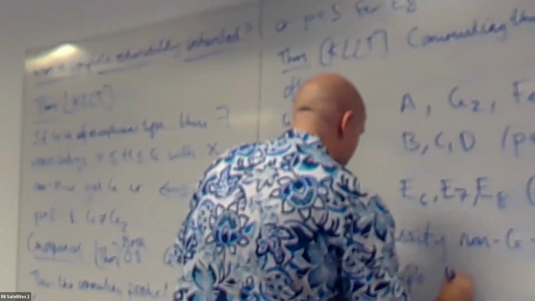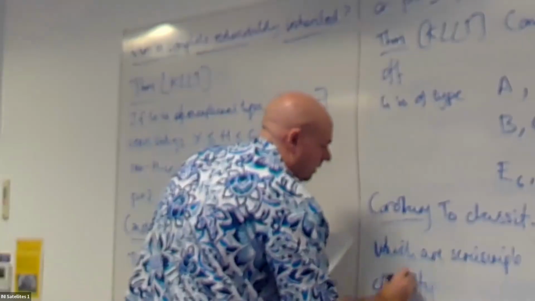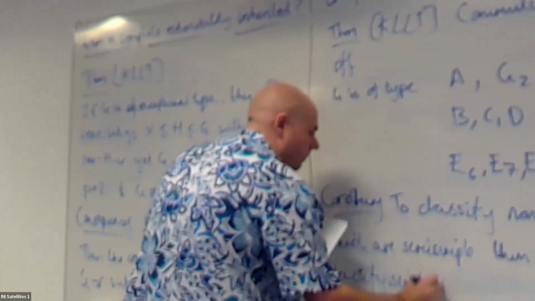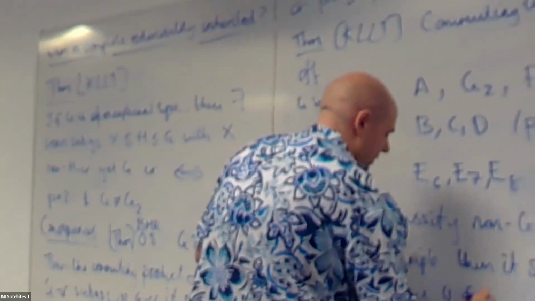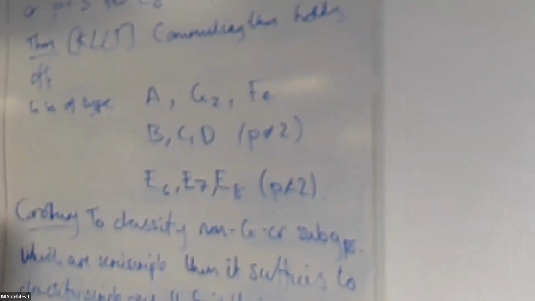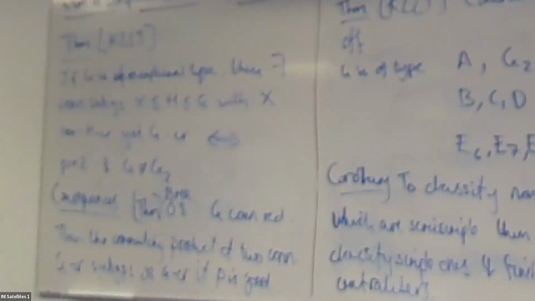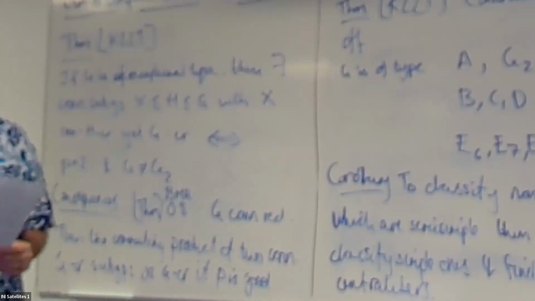Very much semi-simple, then it suffices to classify simple ones and find their connected centralizers. Yeah, don't exclude P equals 3 for the E series. If I wanted to be lazy, I could just say the commuting theorem holds as long as P isn't 2, but I know you can actually get these ones by hand and P is 2.